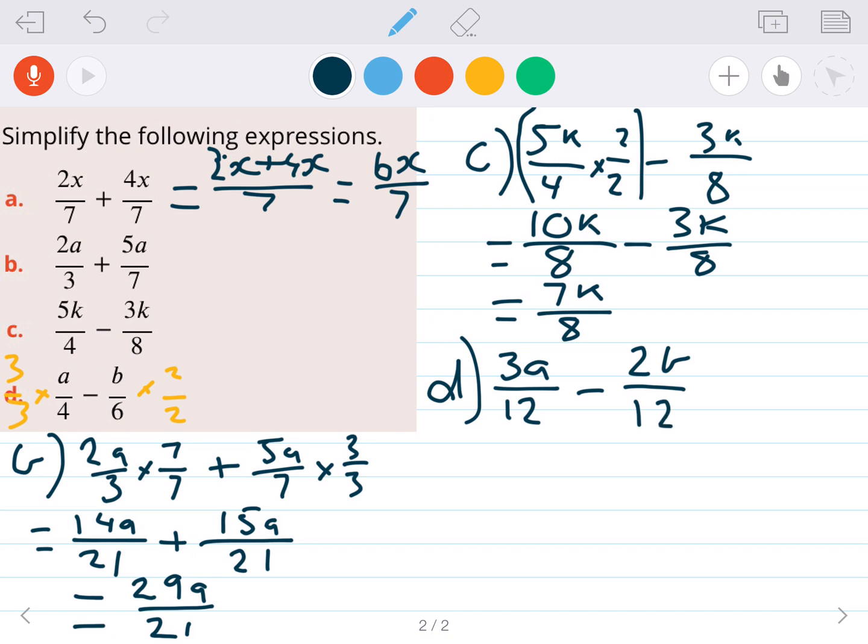We now have the same denominator, so we can minus these together, alright? But first you need to ask yourself, are these like terms? So, sorry, wrong symbol. So, 3a and 2b aren't like terms.